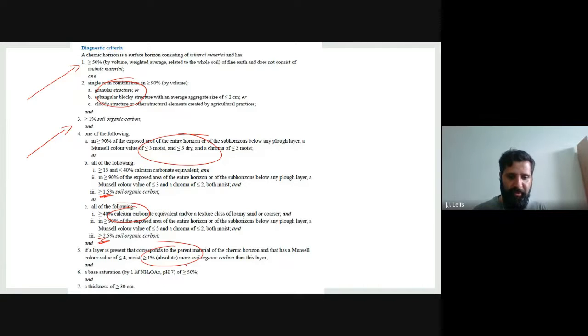We also present a high base saturation, and now we present a higher thickness. So we have only three things that could differentiate the Chernic and the Mollic horizon.